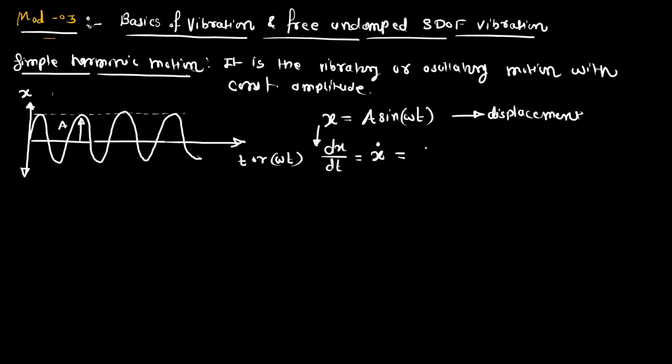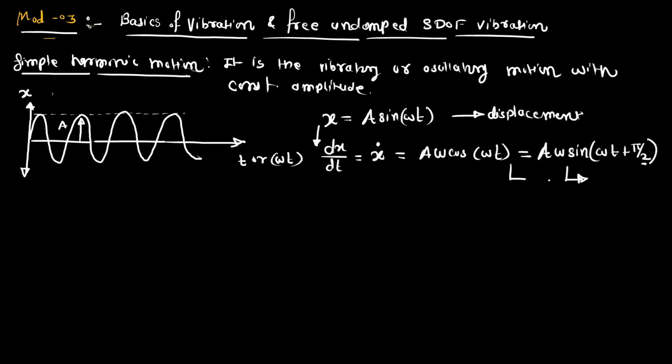This is equal to A omega cos omega t. In terms of sine, we can write this as A omega sine of omega t plus pi by 2, because cosine is leading the sine by pi by 2. So this is the equation for velocity.